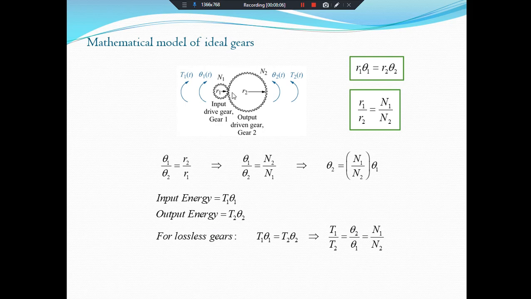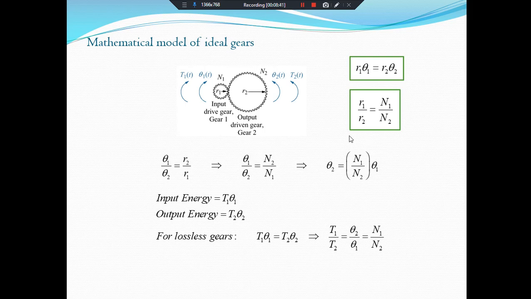You can say if we have a smaller gear and this one is the bigger gear, if this gear rotates 3 times, meaning it will travel 3 circles, then the larger gear will complete its 1 round. So the higher the number of teeth, the less the angular displacement, and the fewer the teeth, the larger the angular displacement.